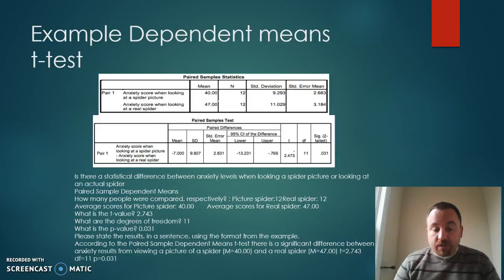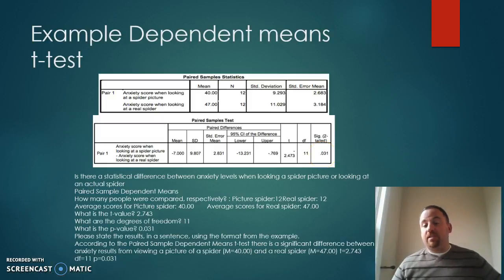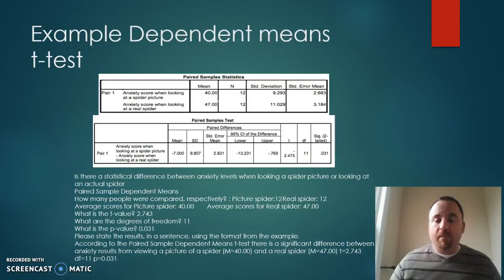So to answer the question, yes, there is a statistical difference in anxiety levels in the sample when looking at an actual spider versus looking at just a picture of a spider. We know that there's a difference in that sample based on our significance, which is less than our p-value of 0.05, meaning there is a statistically significant difference in the samples.